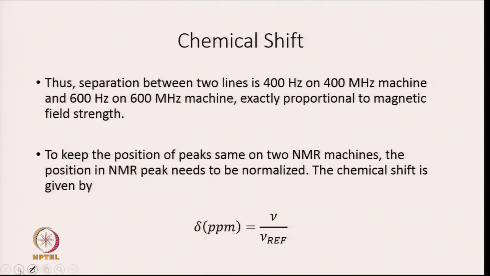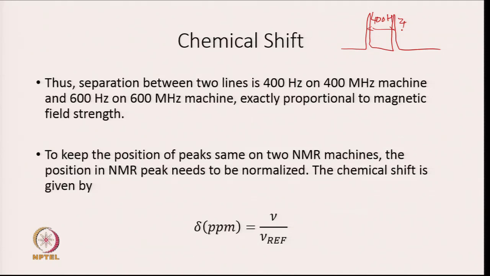So, the separation between two lines is 400 hertz on the 400 megahertz machine and 600 hertz on the 600 megahertz machine. So, for these two resonances, the difference is 400 hertz in the 400 megahertz machine, whereas it is 600 hertz on the 600 megahertz machine, exactly proportional to the magnetic field strength.